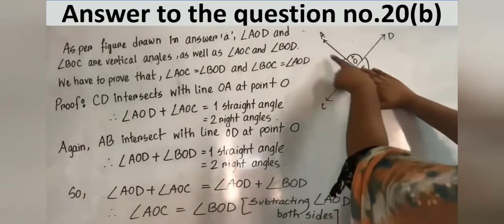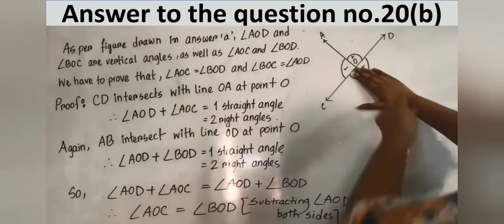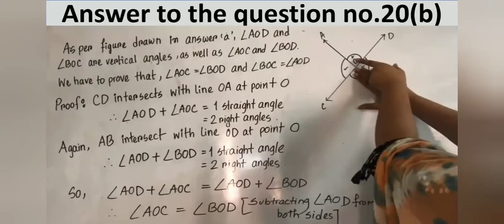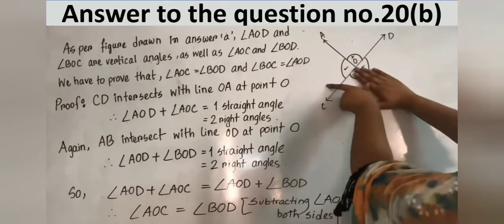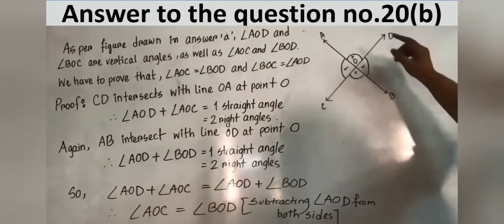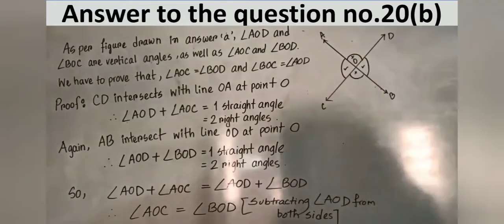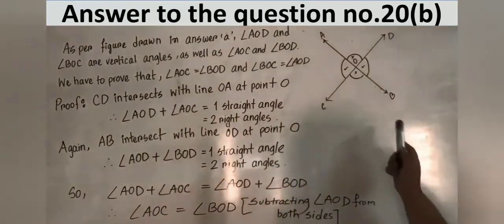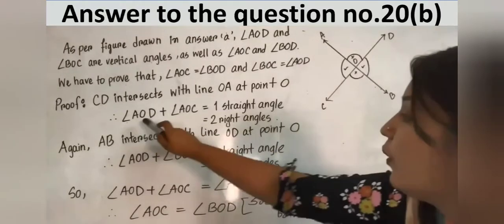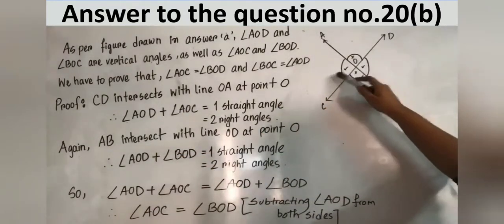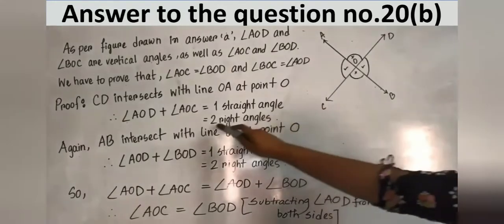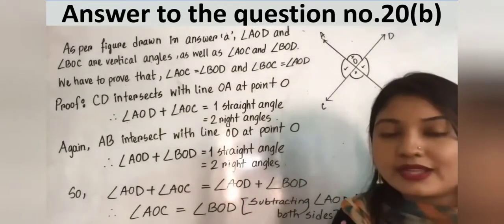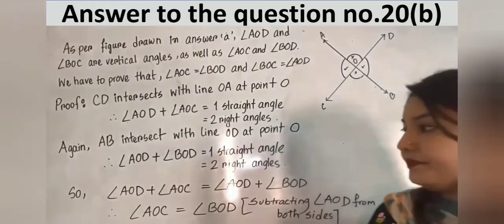You can say this is 90 degrees, isn't it? Yes, and similarly this angle AOD is also 90 degrees. So both these two 90 degrees, that is two right angles combined together, form what, students? One straight angle. You are correct. So I have written that angle AOD plus angle AOC equals one straight angle equals two right angles. One straight angle means 180 degrees.